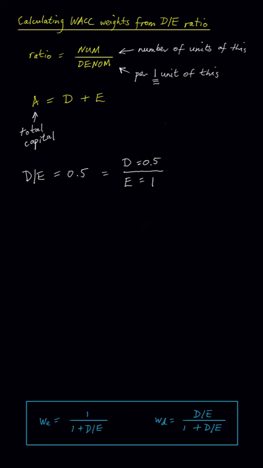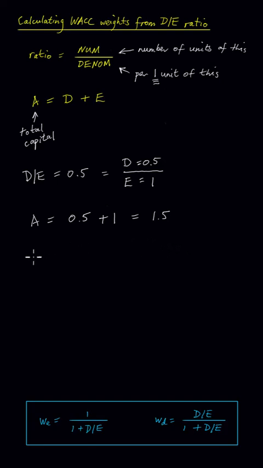Having made sure that we understand that point, we now apply the fundamental corporate finance identity, and that tells us that assets equals debt, which we have identified as 0.5, and equity, which we have identified as 1, and therefore the total assets, same as the total capital, is 1.5.